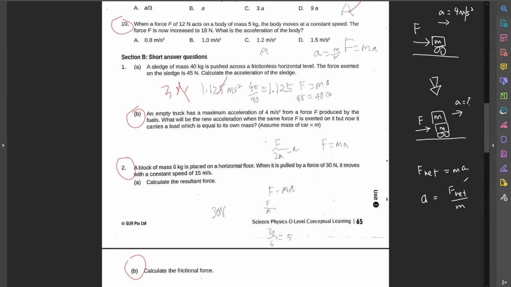So this is what you have. And this acceleration is F resultant force divided by m. Then you know this is 4.